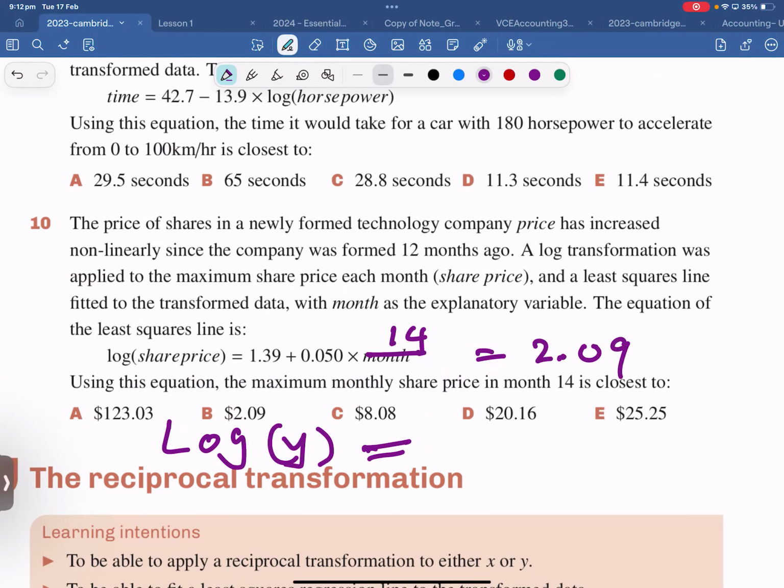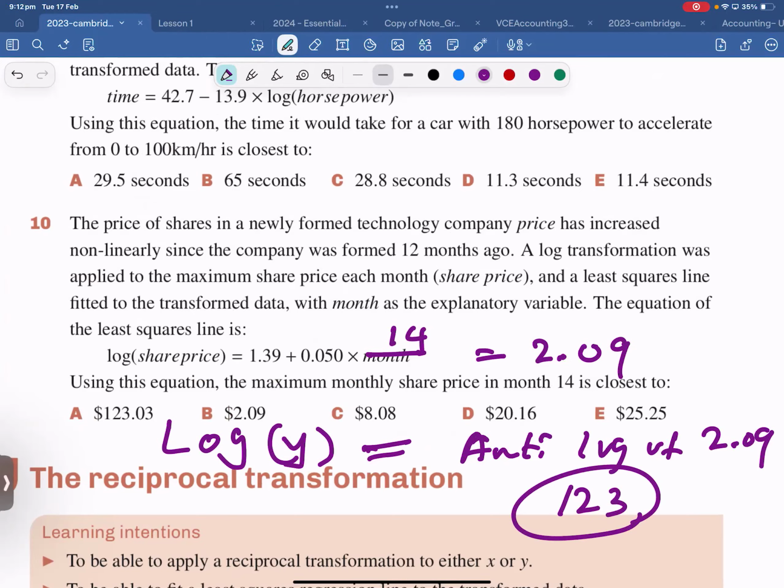Then for this 2.09, you have to use the anti-log. Anti-log of 2.09 will be more than 100, 123. Yep. Actually, this one you don't even need the calculator, because for something greater than 2, of course, we know the anti-log of 2 is 100. So more than 100, there's only one answer.